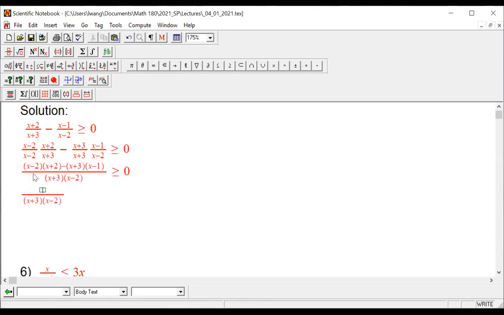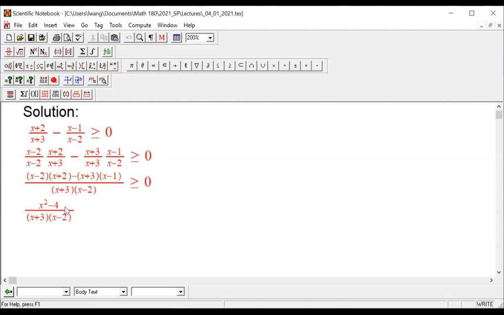and the numerator, we FOIL this, you get x squared minus 4. And I'm going to make it just larger for you guys to see if that helps, right? Minus, and this product, I'm going to do it slowly, FOIL, plus 2x minus 3, greater than or equal to 0.